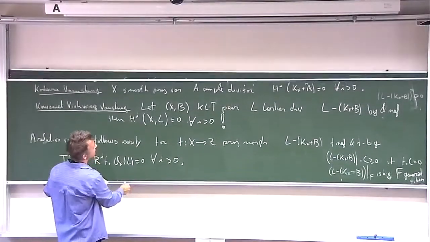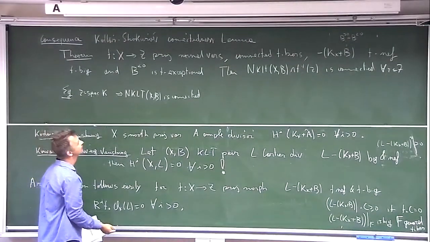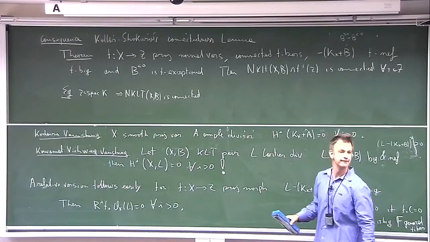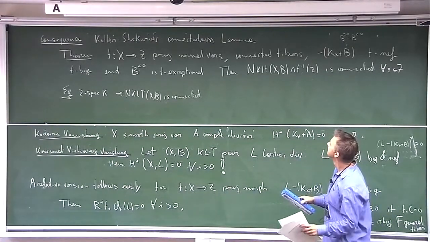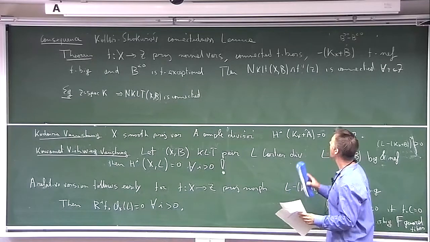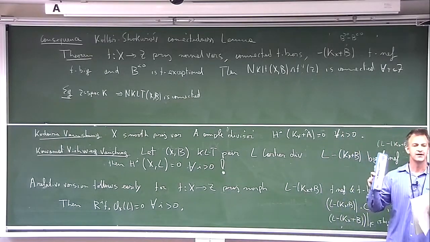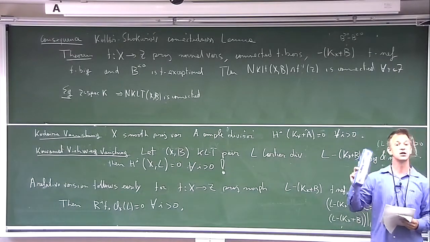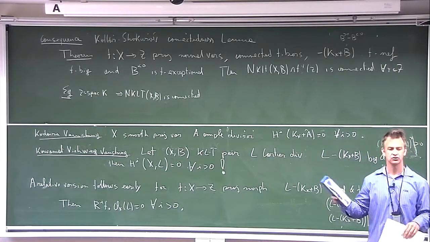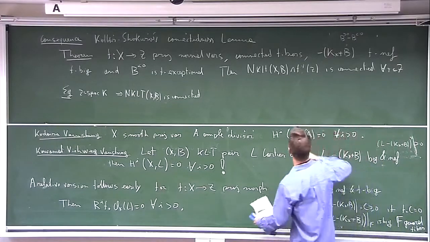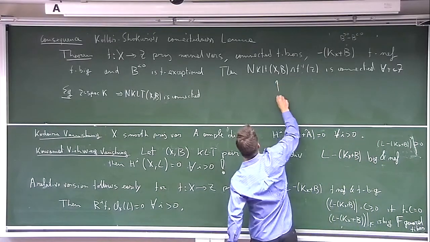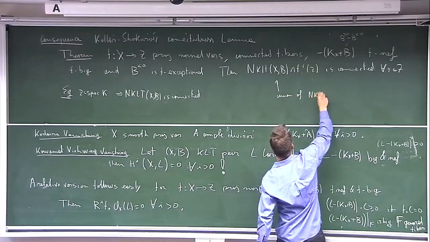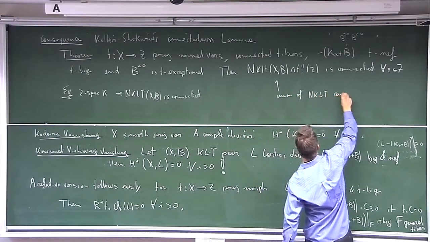So any questions about the statement? Anything that's confusing about the statement? I think you didn't define the NKLT. I did, but let me repeat it. NKLT is the non-KLT locus. So it's the union of non-KLT centers.